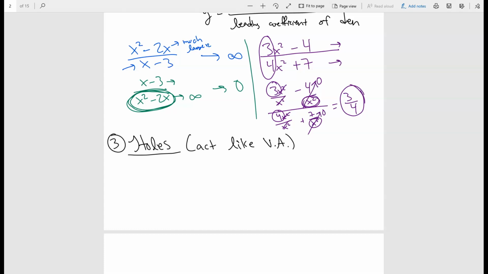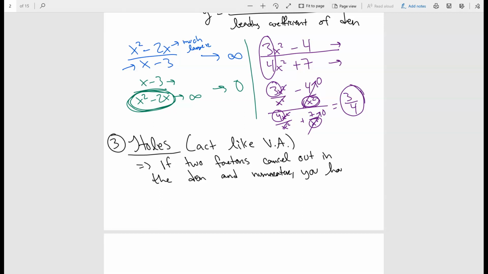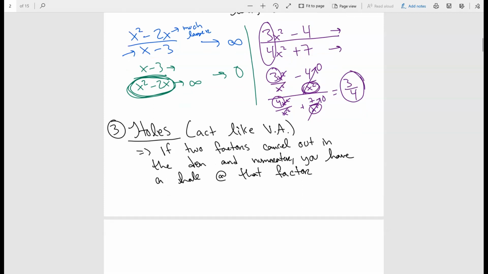Okay, so basically the way that you know if you have a hole is if two factors cancel out in the denominator and numerator, you have a hole at that factor. Okay, so the hole will be whatever you cancel out.